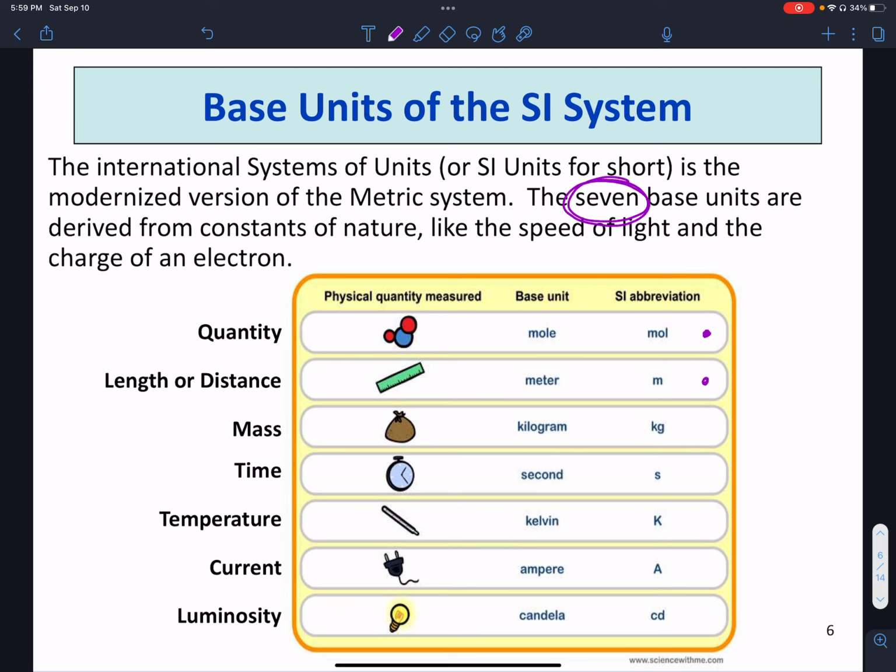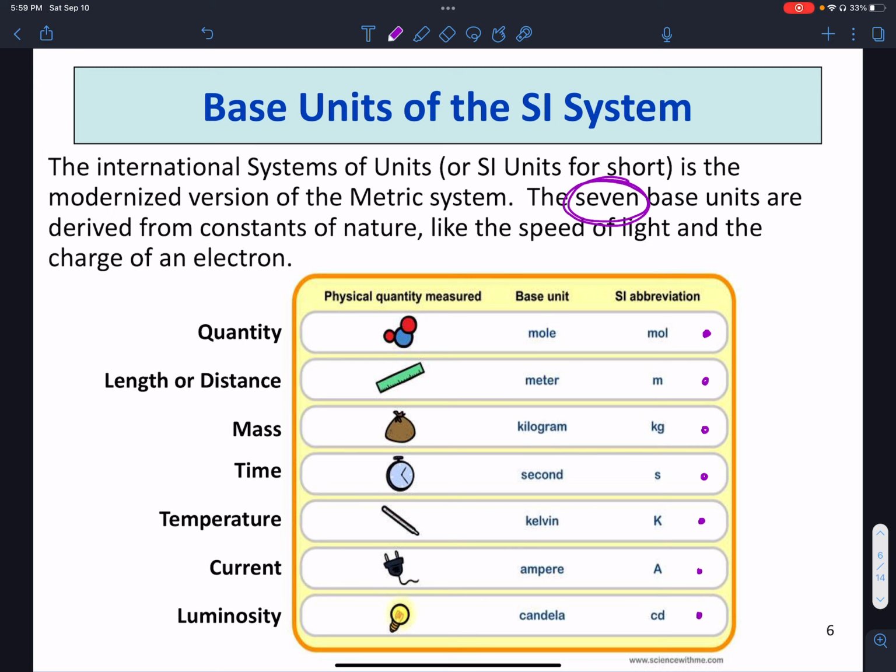Mass is kilograms, lowercase kg. Time is in seconds, lowercase s. Temperature is in kelvins, uppercase K. And then current is the ampere, uppercase A. Luminosity is the candela with a lowercase cd. All right, so if you need to pause for a minute and fill that table in, please do so.